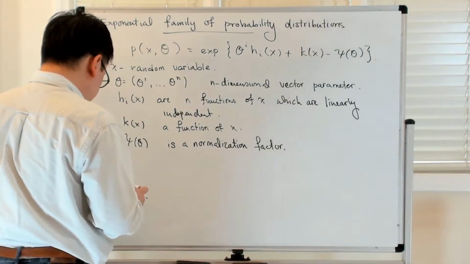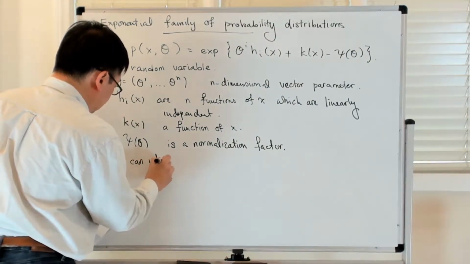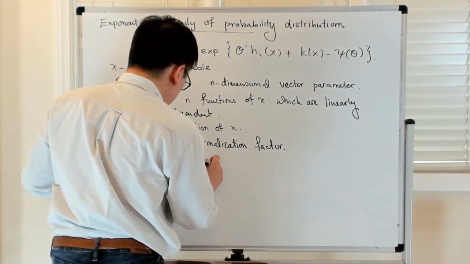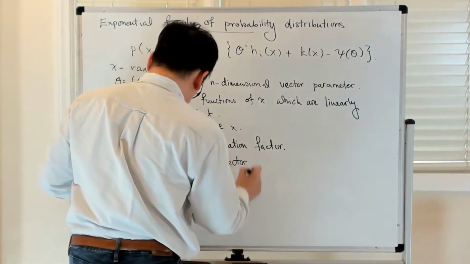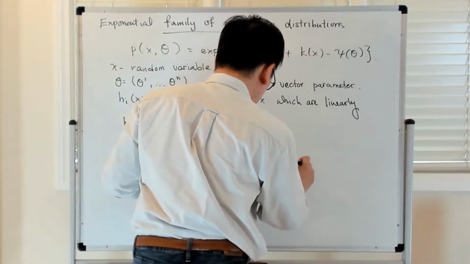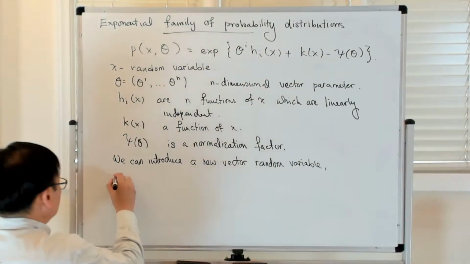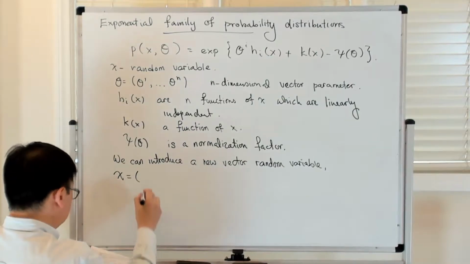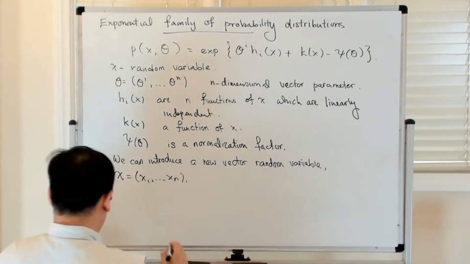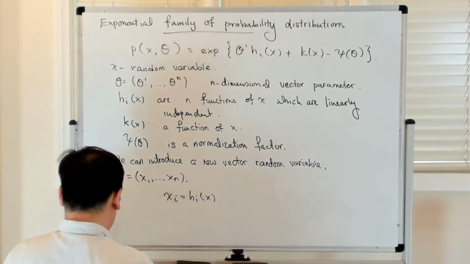So we can introduce a new vector random variable. Let's call it x, which is x^1 to x^n. It's given by x^i is h_i(x).